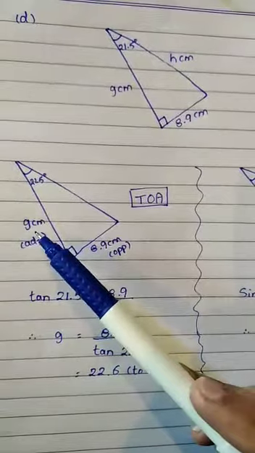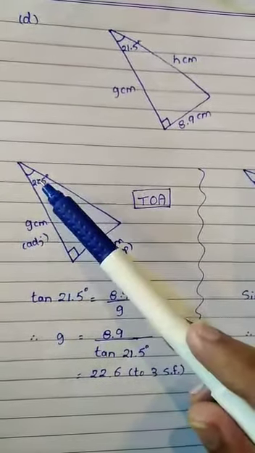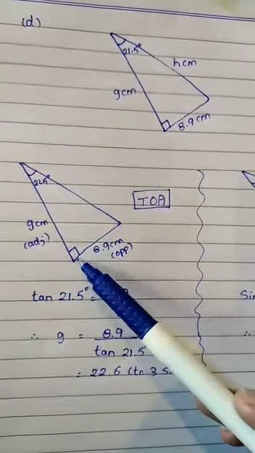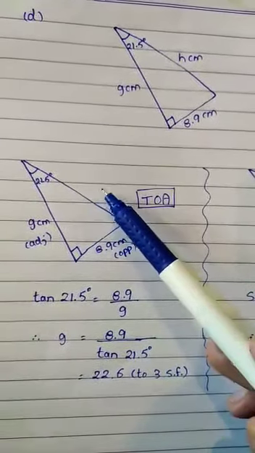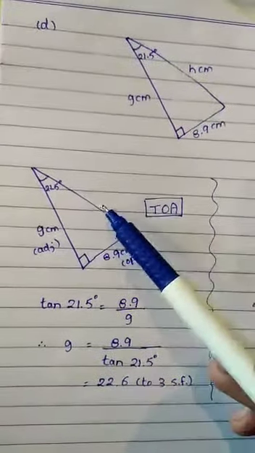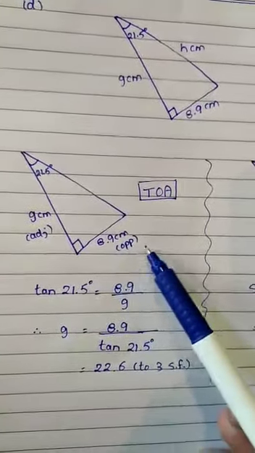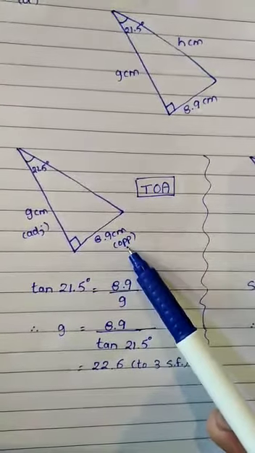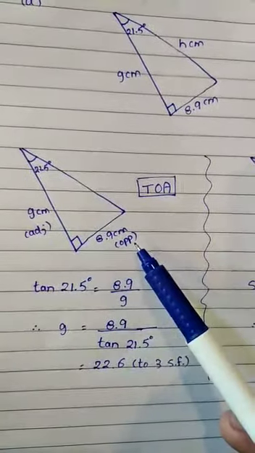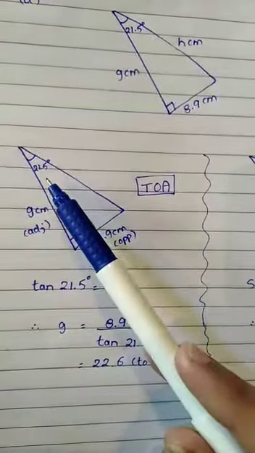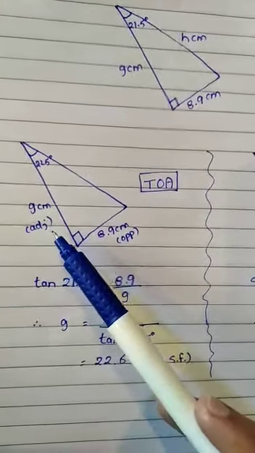According to G centimeter, this is the given angle 21.5. This is the right angle, so this side is called the hypotenuse, but we have no value for the hypotenuse, so we will consider only the given sides. So 8.9 centimeter is the opposite side of the 21.5 degree angle, and G centimeter is the adjacent side.